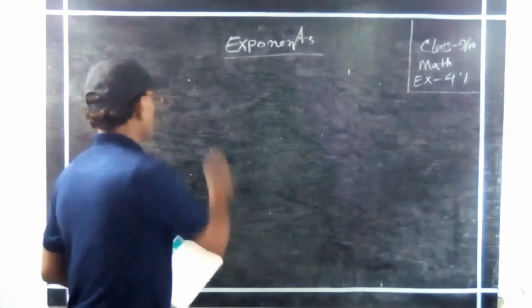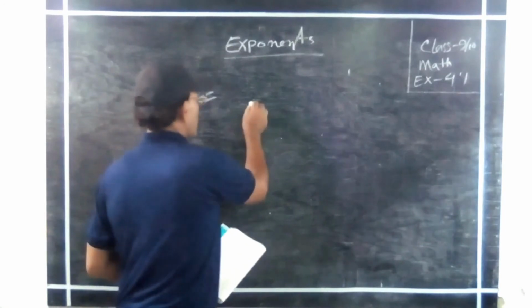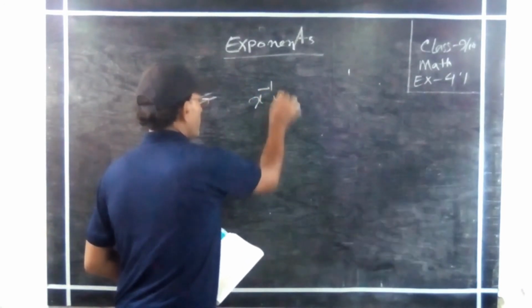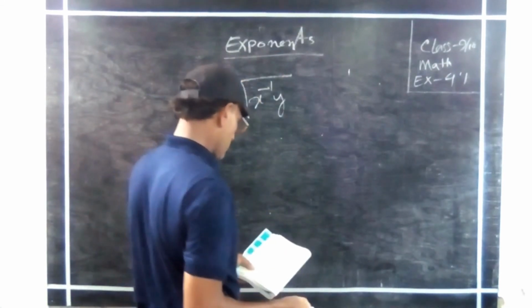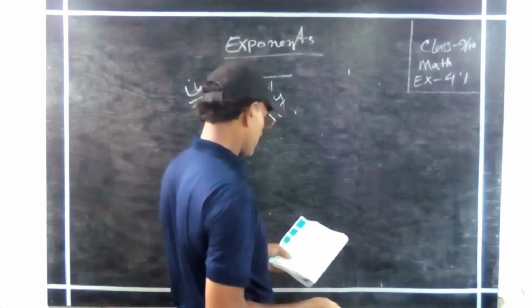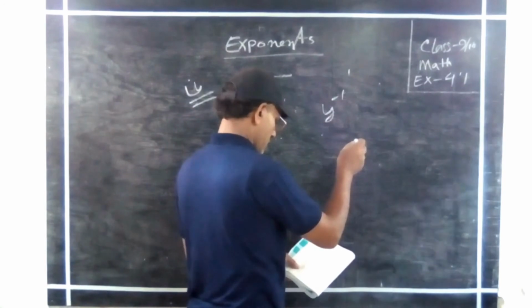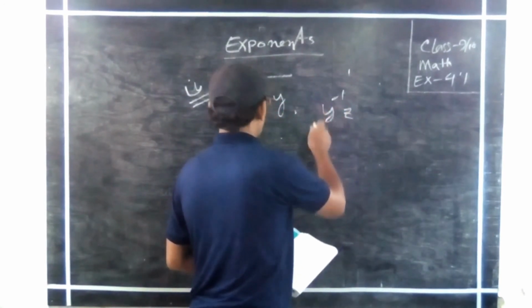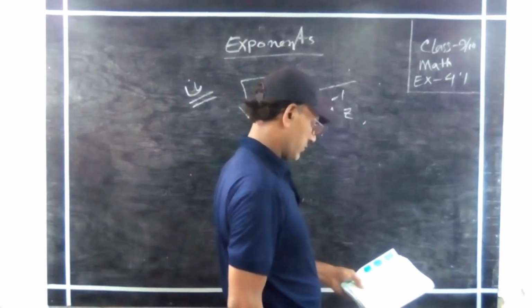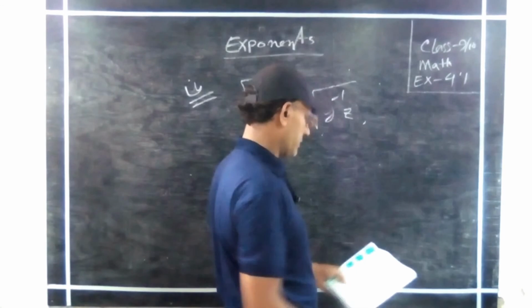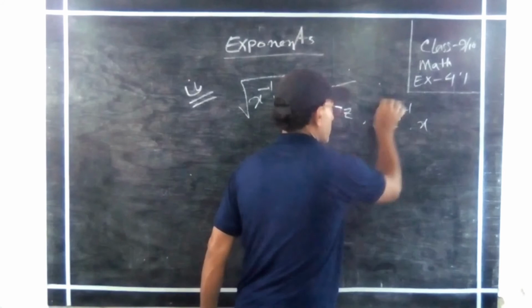Here number 6: root over (x inverse y) into root over (y to the power minus 1 z) into root over (z to the power minus 1 x).